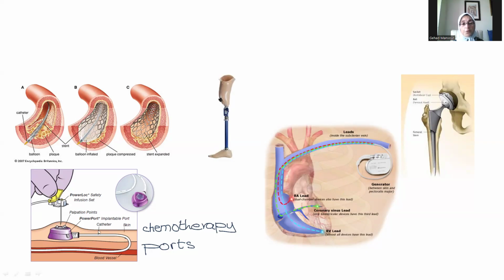Here we have the chemotherapy port, and as you can see, it is a device that is implanted under the skin and that is connected with a catheter. Again, what is a catheter?